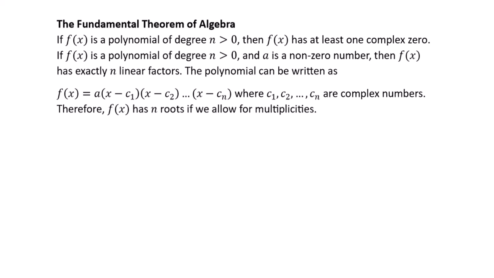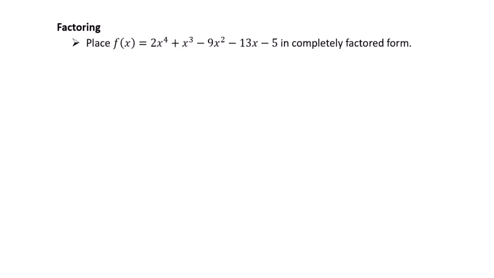This means that if we have a fifth degree polynomial, we will have 5 roots, or 5 zeros, if we count the multiplicities. So let's use this for factoring. Let's place our f of x in completely factored form.